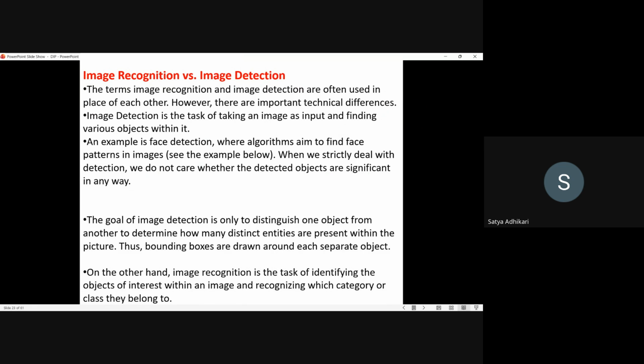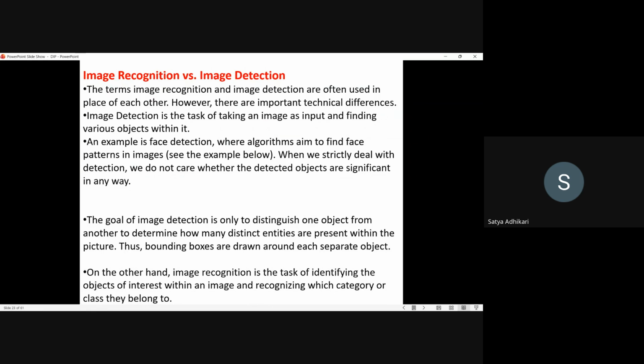On the other hand, image recognition is the task of identifying the object of interest within an image and recognizing which category or class it belongs to.